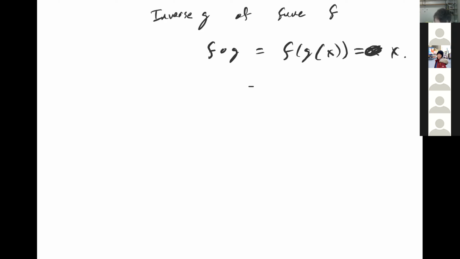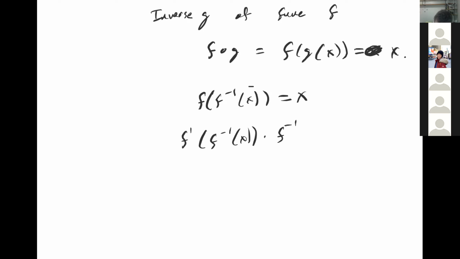then if you want to find the derivative of an inverse function, you know that f of f inverse of x is equal to x, and therefore if you take the derivative on both sides, you get f prime of f inverse of x times f inverse prime of x is equal to 1.